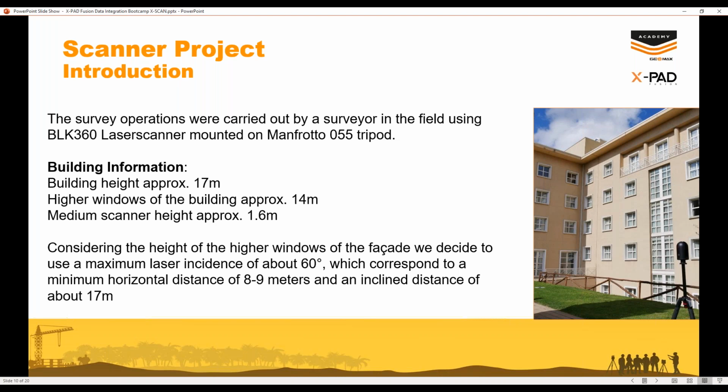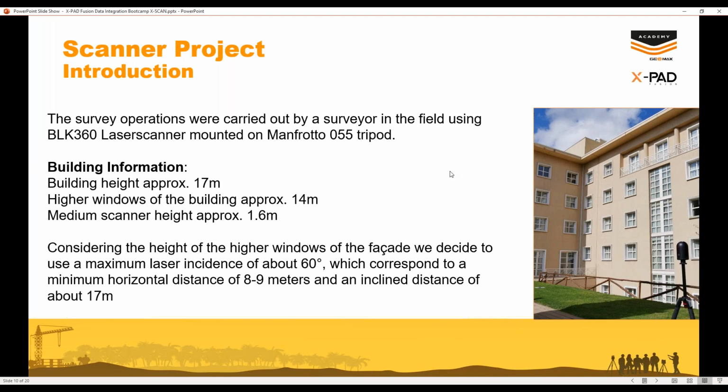As you already saw in the previous webinar, the dataset was carried out at Sheraton Golf Hotel in Roma. For this specific project, we used the BLK360 laser scanner mounted on a Manfrotto 055 tripod, a tripod of more or less 15 kilos that you can also use for higher laser scanning.